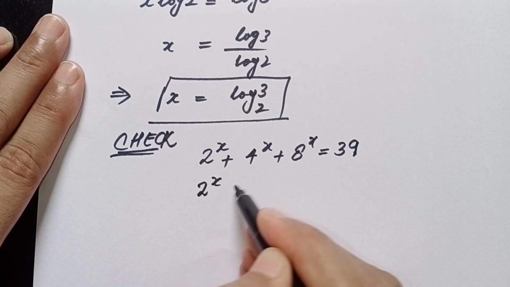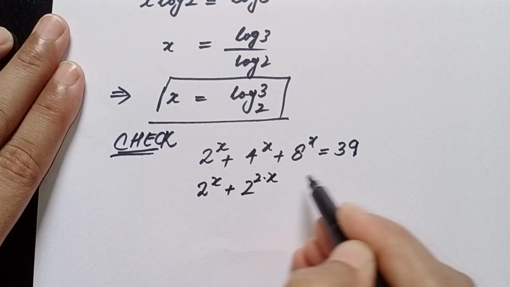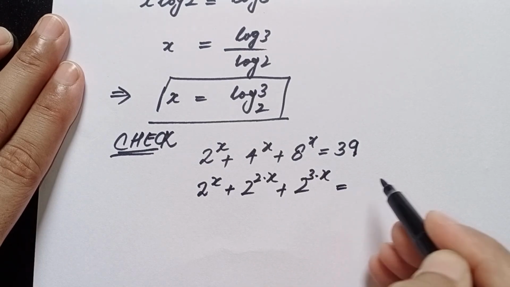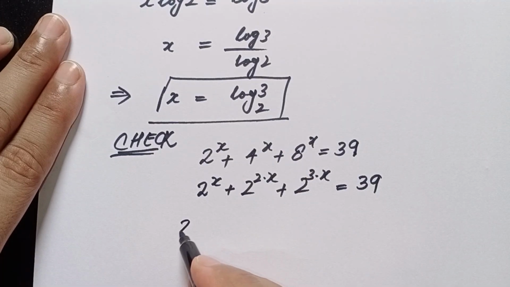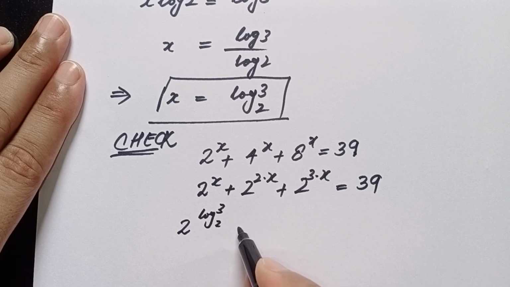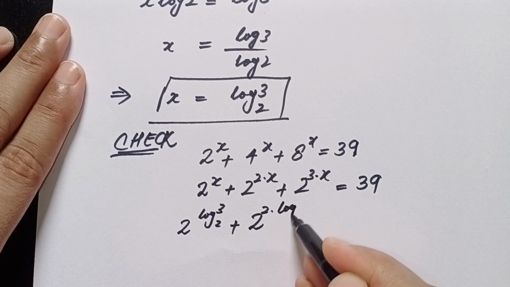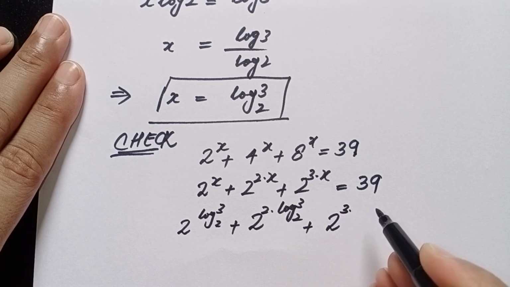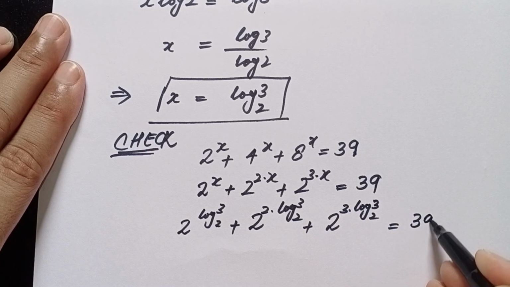It can be written as 2^x plus 2^(2x) plus 2^(3x) is equal to 39. Now we insert this calculated value of x. We write 2^(log 3 base 2) plus 2^(2 times log 3 base 2) plus 2^(3 times log 3 base 2) is equal to 39.